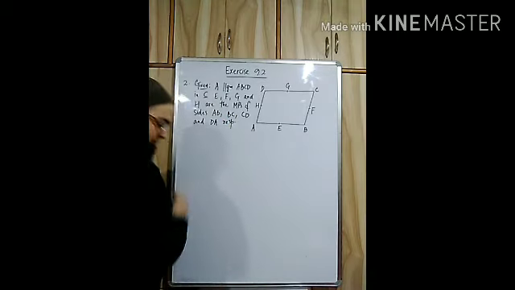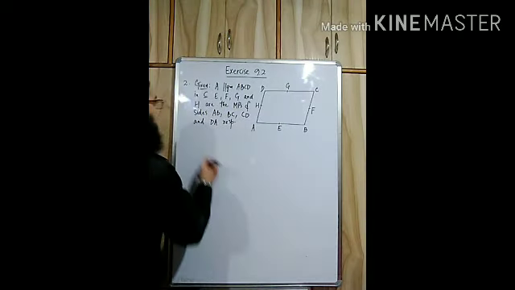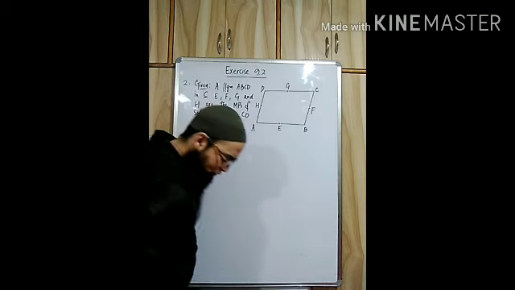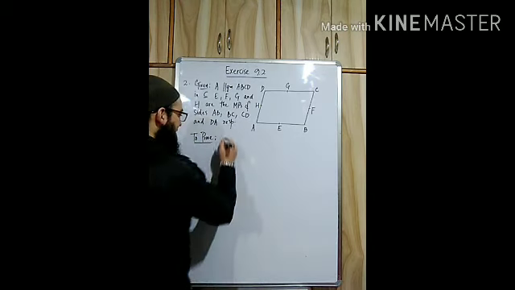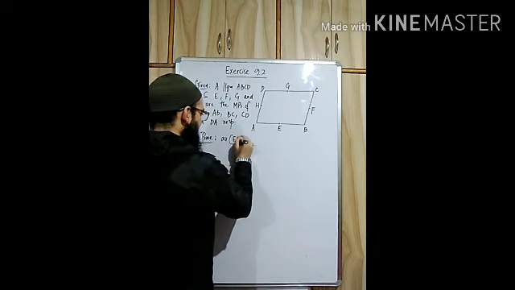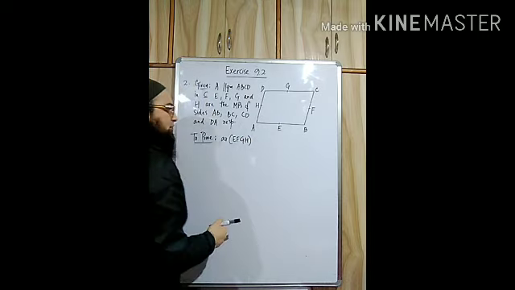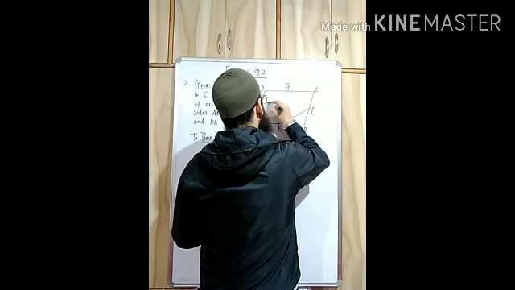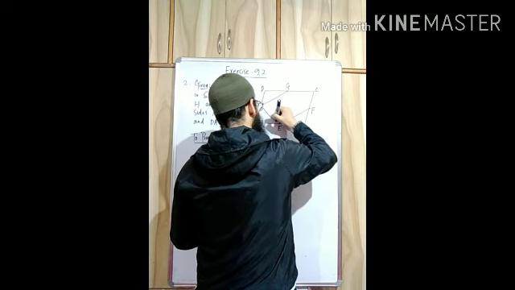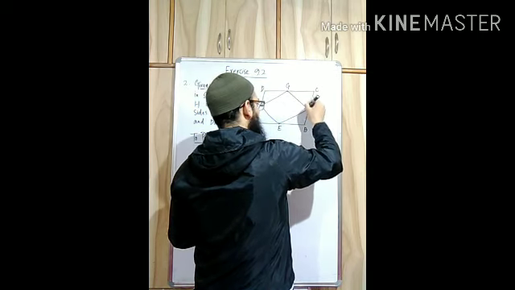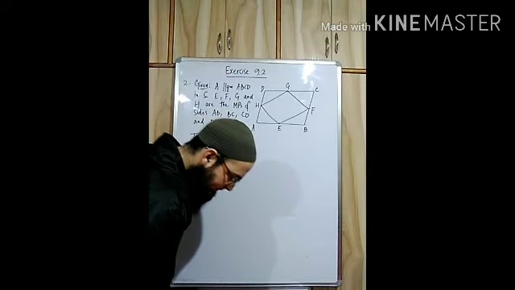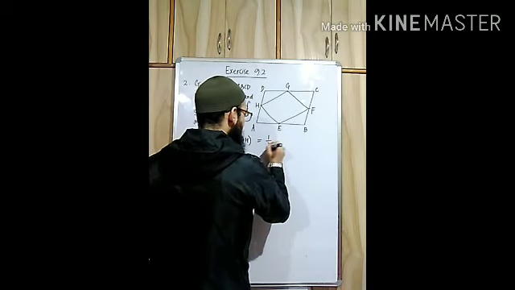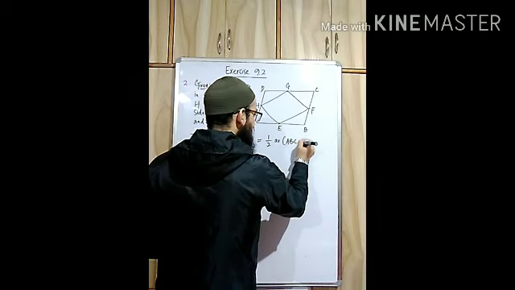Got it? Now you need to prove that area of EFGH is equal to half of area of ABCD.